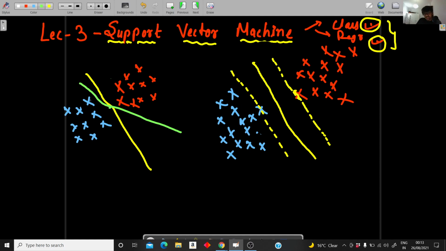Let's see what is the drawback in saying the green one. You can see that this blue point is very near to the green line. In logistic regression, if you can recall, we have the separation based on probability: if my probability is greater than 0.5, we'll say it's of the positive class, and if it's less than that, we'll say it is of the negative class, and even we can include equal to in the positive class or in the negative class, doesn't matter.